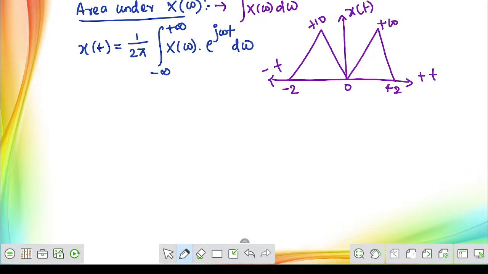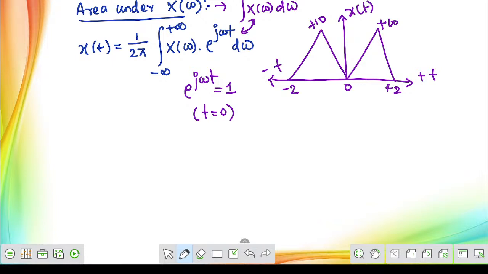So when we compare these two, what is missing here as usual? E power j omega t is missing in the question. The question is area under x of omega. It means I will have to make this value equal to 1. It is possible only by making t equal to 0, because we are in the frequency domain, we cannot consider omega equal to 0. So we will have to consider t equal to 0.